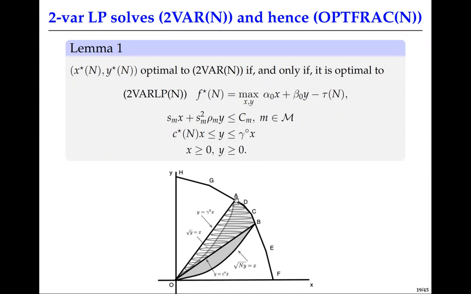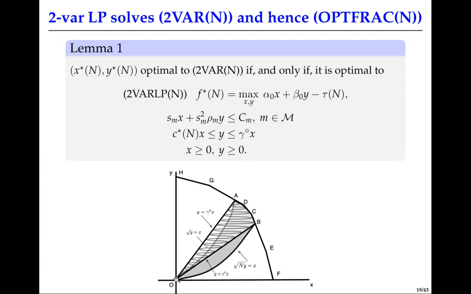And therefore, instead of looking at this curved part, and in particular this curve, that's what makes that original problem non-convex, we can in fact look at this cone-shaped region. So instead of the horn-shaped region, we can look at the cone-shaped region. And that is what is being done here.